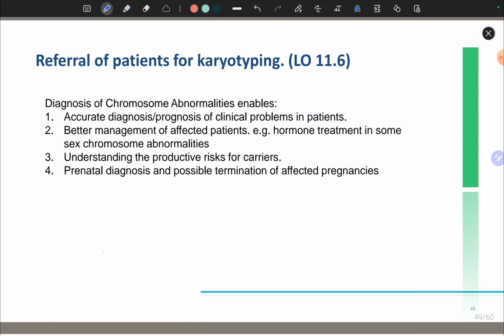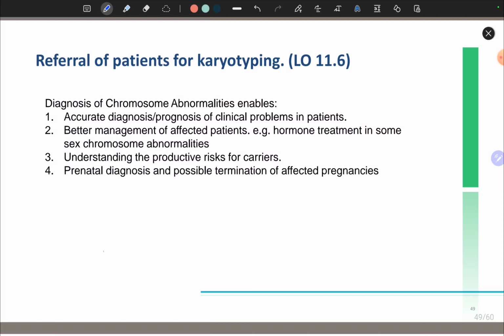So this is another option. And prenatal diagnosis of possible termination of affected pregnancies. If they have an abnormal baby the first time, and the second time she becomes pregnant, they will ask if they can terminate that or not. So they will do this karyotyping.